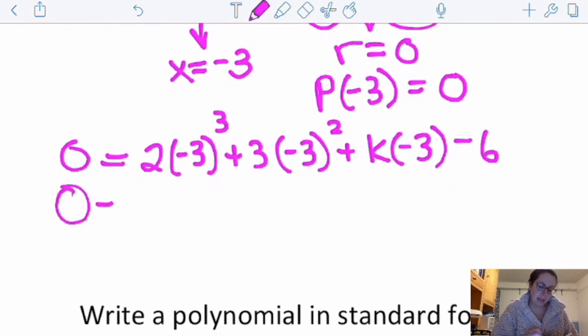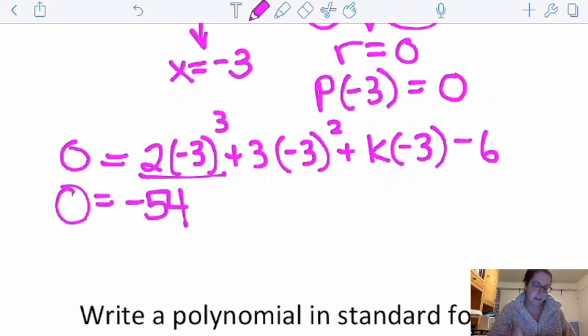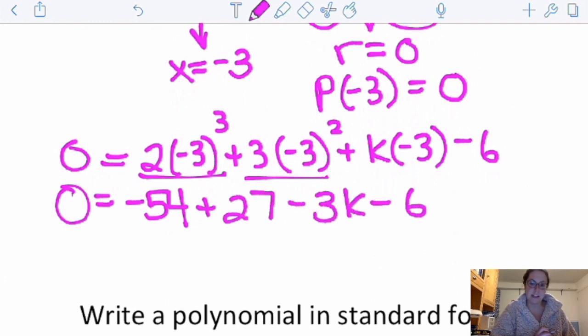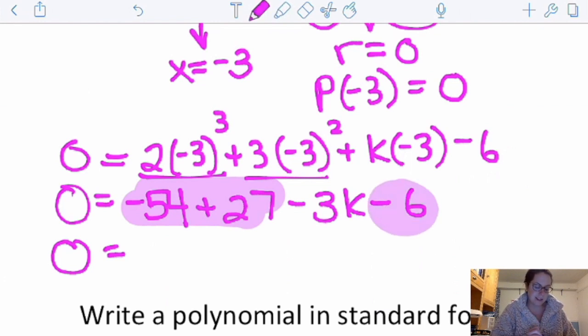So 0 equals, this expression right here is negative 54. This right here is positive 27. This is negative 3k, and that's minus 6. So then I get 0 equals, these combine to be negative 27 minus 6, which is negative 33 plus negative 3k.